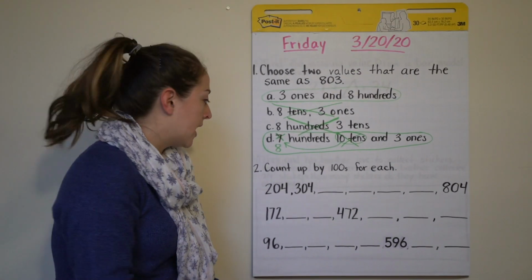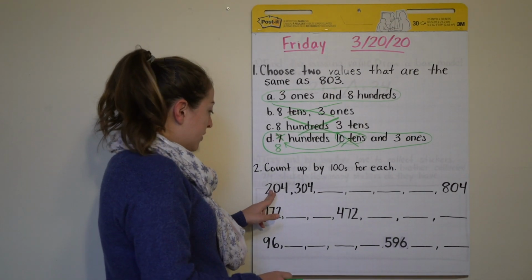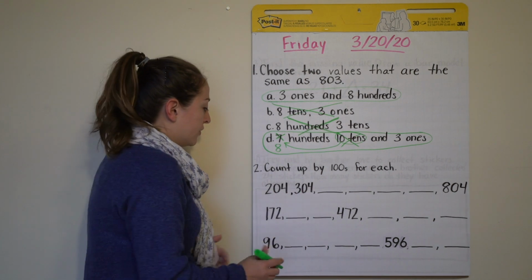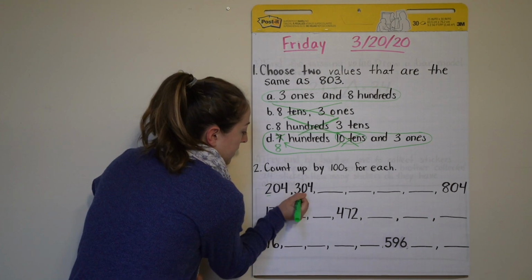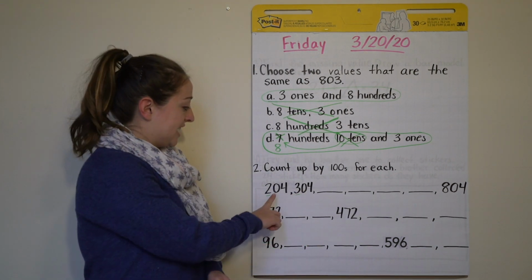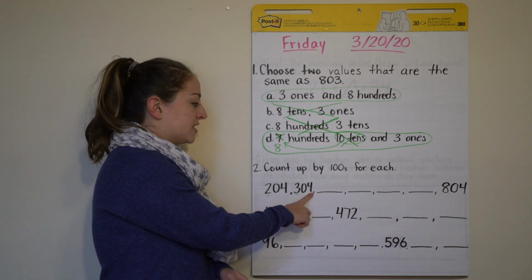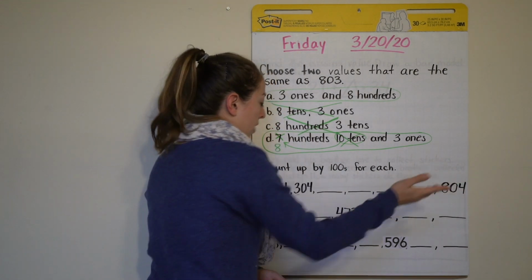All right, let's do it together. So 204, 304, I'm noticing that the hundreds place is going up, and also that the tens and ones place are staying the same. Okay, easy.